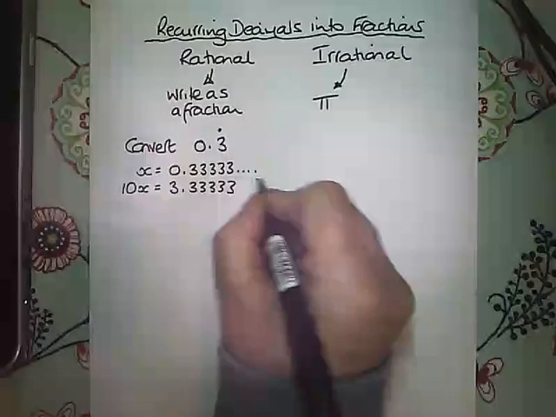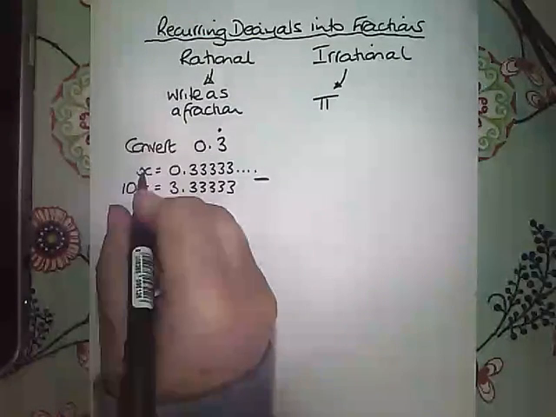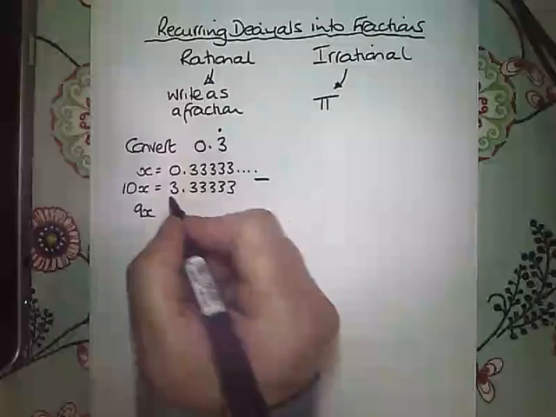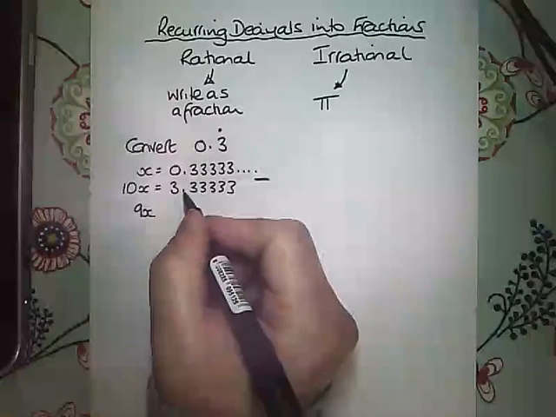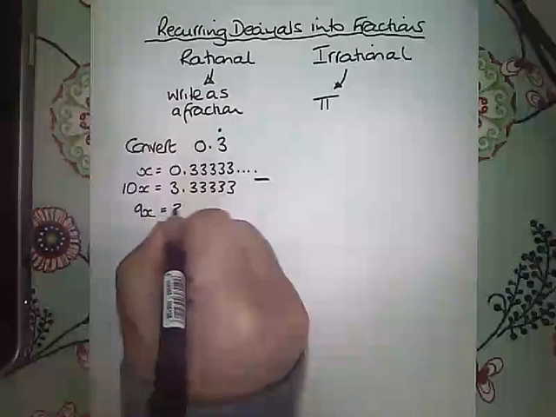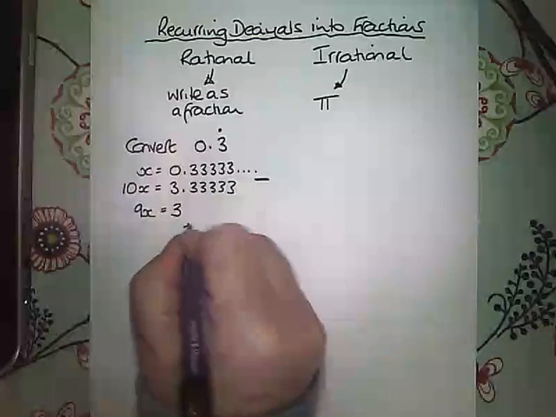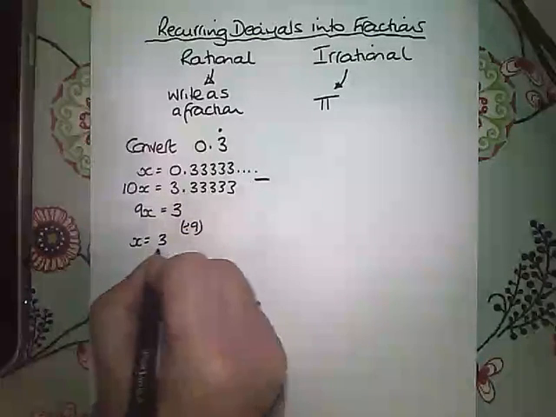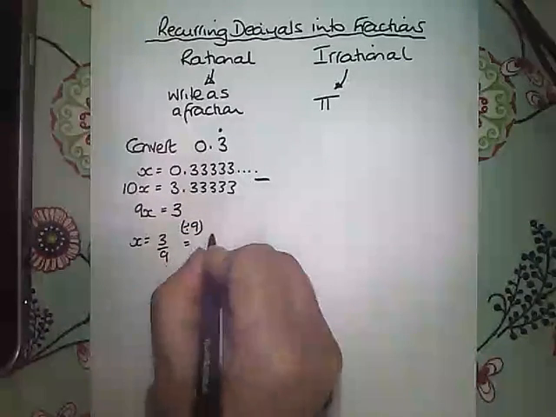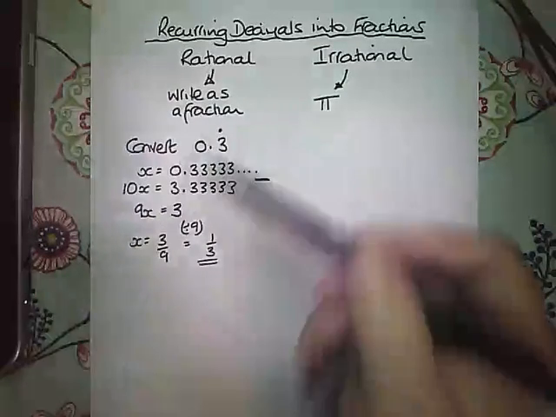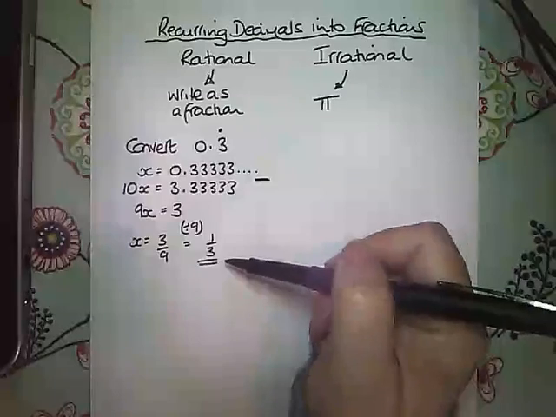So if we subtract these two, 10x take away 1x would leave me with 9x. 3.3333 take away 0.3333 would just leave us with 3. Divide both sides by 9, so we would have x is equal to 3/9, and then cancel that down. x is equal to 1/3. So we have changed our recurring decimal into a fraction.